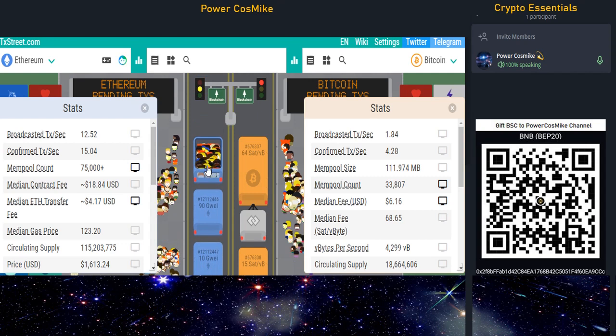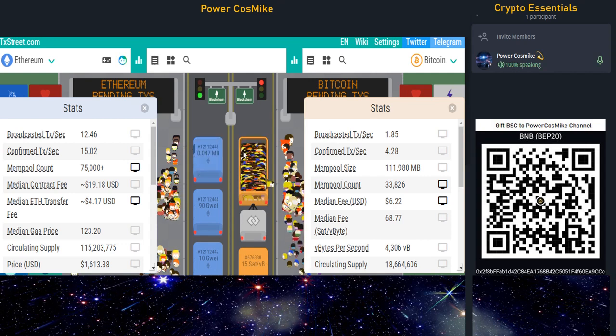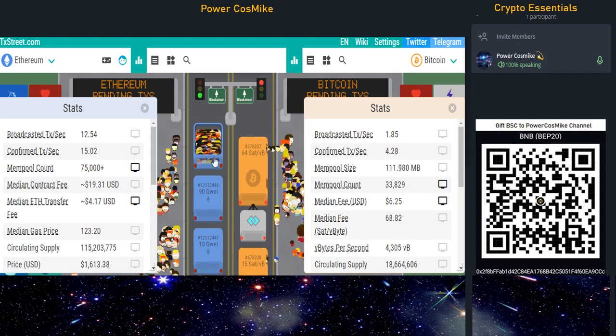On the other side, we've got a very similar situation with Ethereum. These buses are also full. The block sizes are smaller than Bitcoin block sizes, and I think that's why they have a larger bus for Bitcoin and a smaller bus for Ethereum.